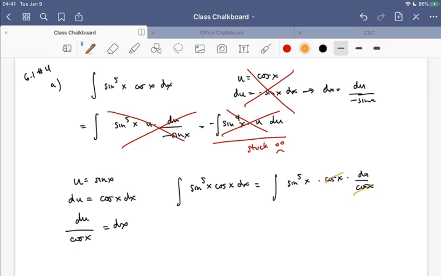The coses cancel. And then sine was what we called u. And so we have u to the fifth du. Okay, that tells us that the substitution was a successful choice because we have nothing involving x left in this integral. Okay, so we're good up to there, Austin, and the rest of you.